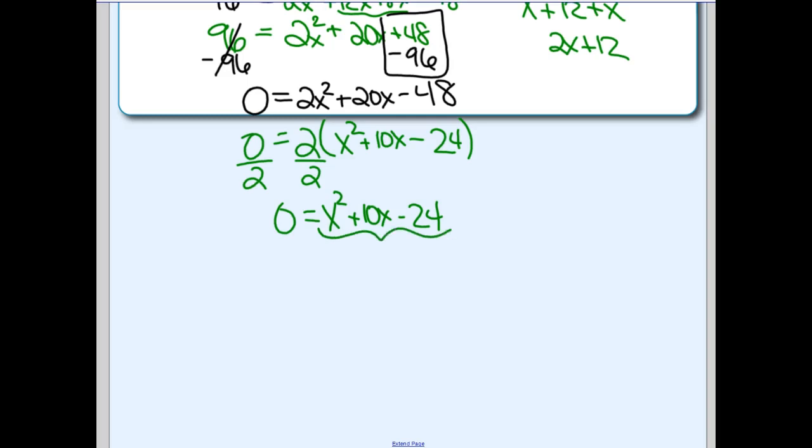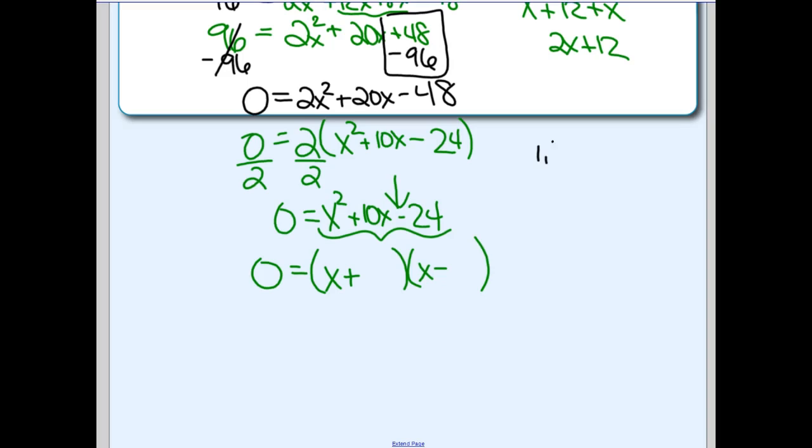Well, we need the factors of x squared, which are going to be x and x. What do we know about our signs? One has to be plus and one has to be minus. So, factors of 24. That's what we've got to figure out now.